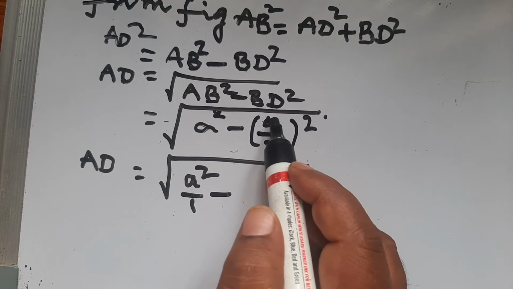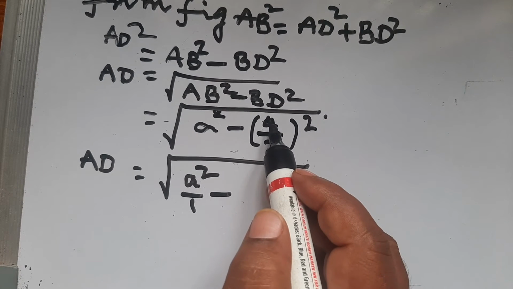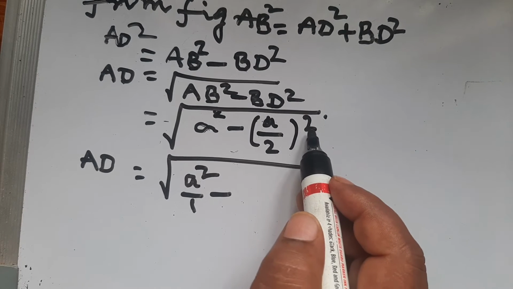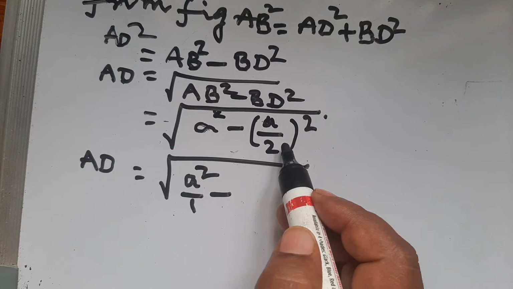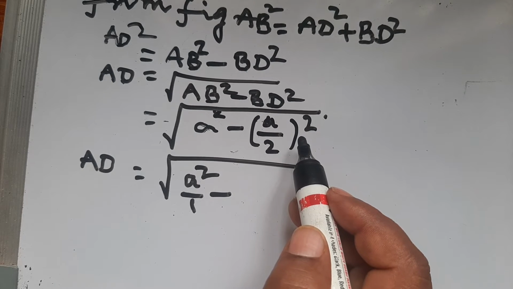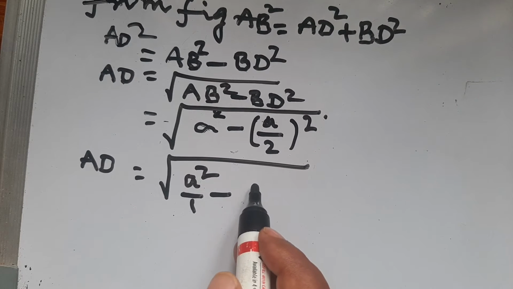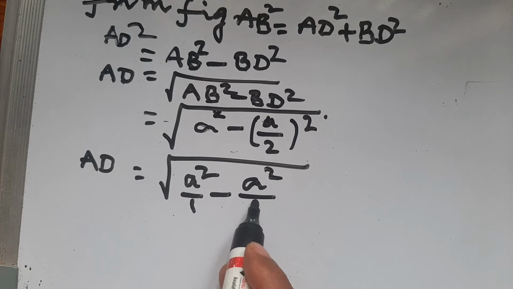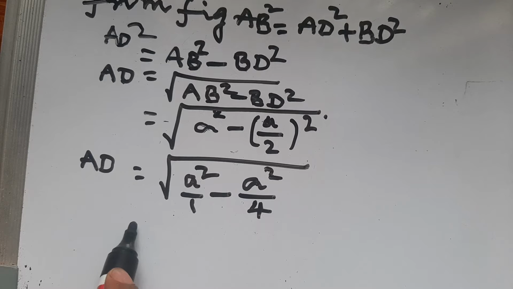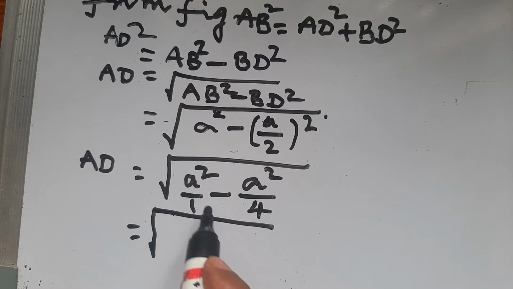This square is applying for numerator and denominator. If you apply for A square it becomes A square. Now, if you apply this square to 2, in the denominator 2 square becomes 4, 2 into 2 is 4. So therefore you can write A square by 4. Then find the LCM for this. What is coming LCM?